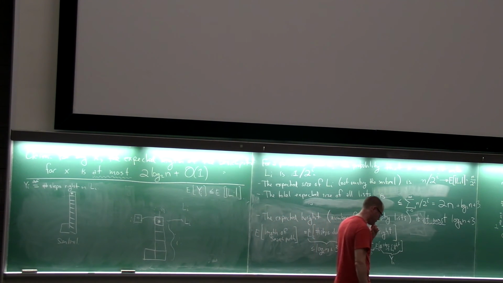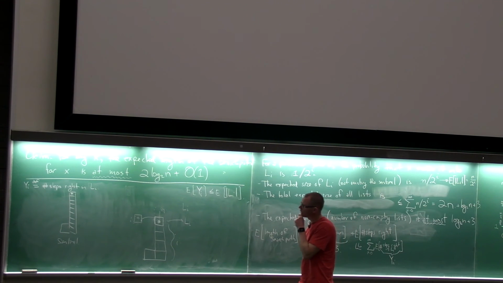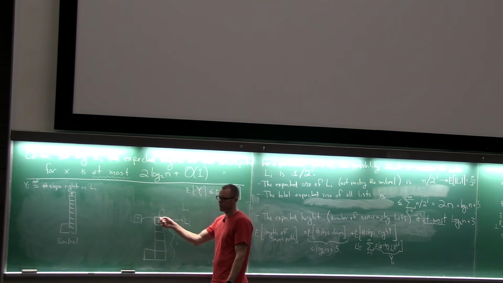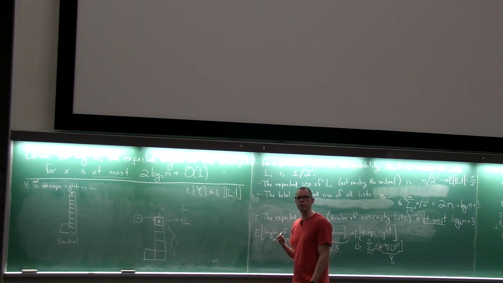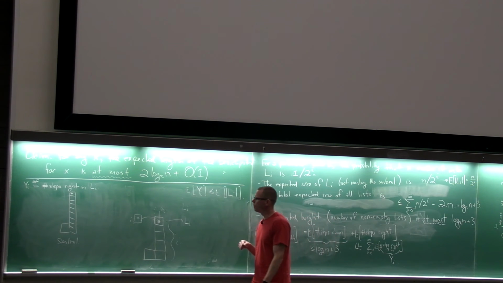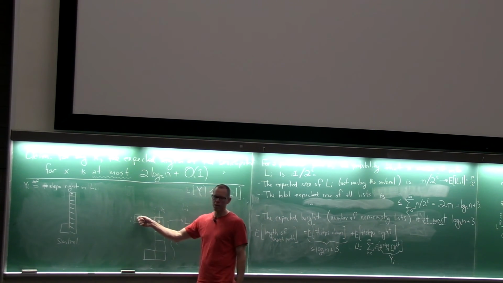So let's think about the big picture here. Really what we're doing is we're standing at this node, and imagine that we're tossing a coin. If the coin comes up heads, we go up and we leave. If the coin comes up tails, we go left and we repeat the experiment.